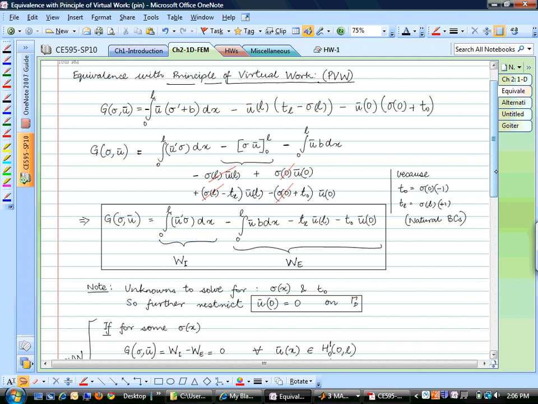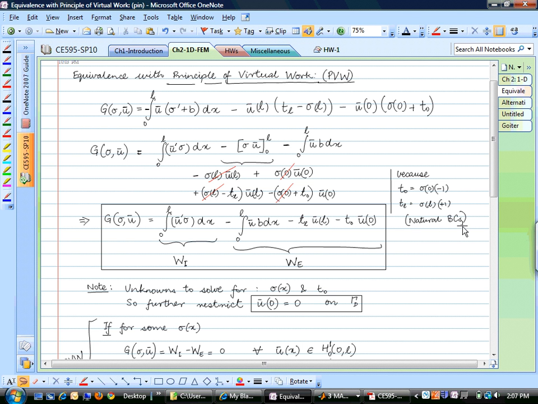So another thing to note here is that we started out with this equation. We took div s plus b and we did our integration by parts, and out came two boundary terms. Those two boundary terms naturally cancelled off with some of the boundary terms that we already had.